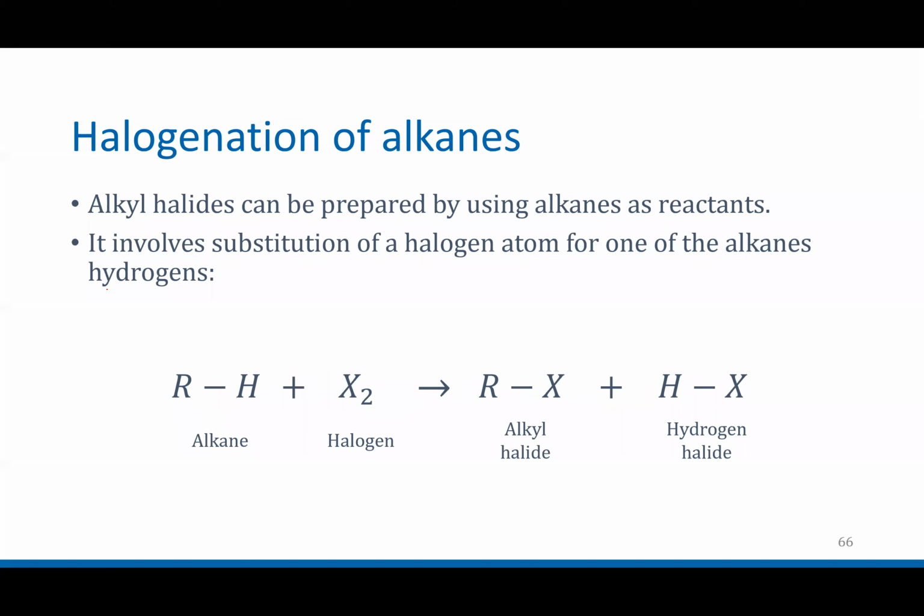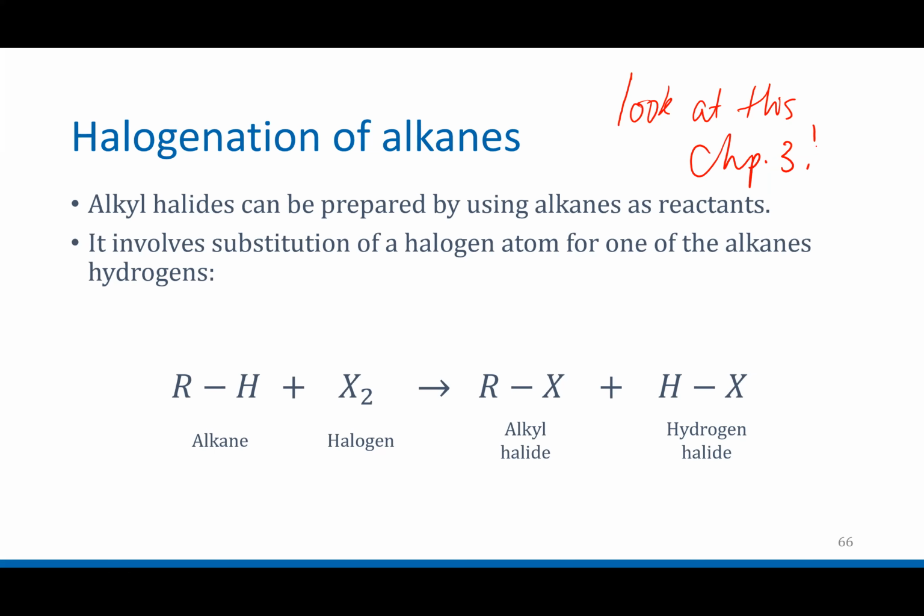All right, I have 2 slides left, and that's it for today. And you guys don't really have to worry about this type of reaction because we will come back to this in chapter 3. The reason I say that is because alkenes and alkynes are very easily halogenated compared to an alkane.